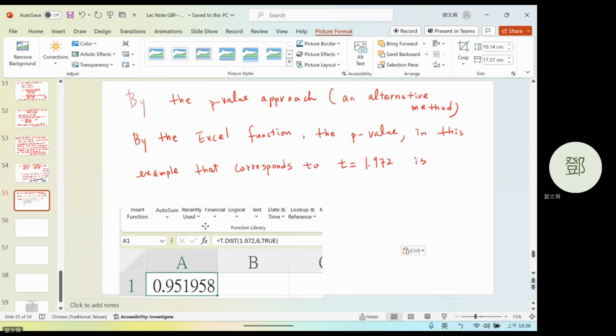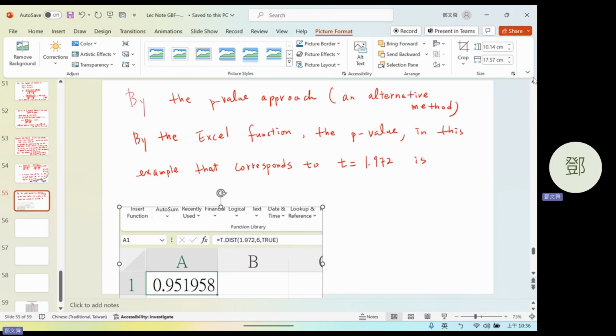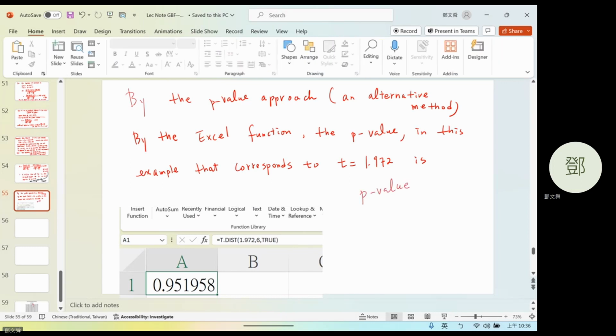The p-value equals 1 minus T.DIST of 1.972, 6 and true, which is equal to 1 minus 0.951958.